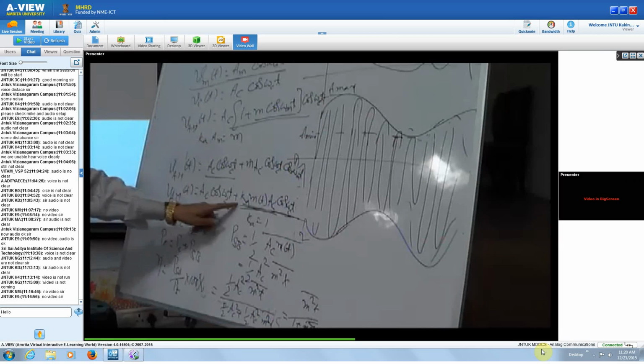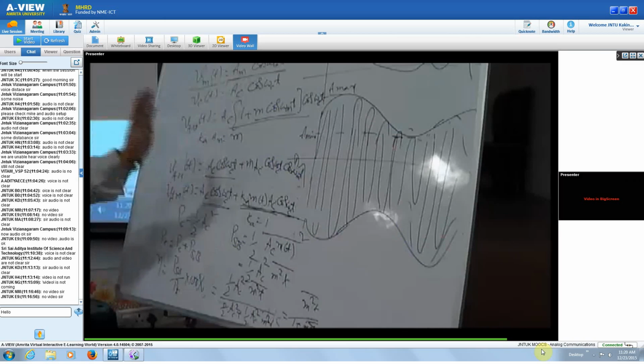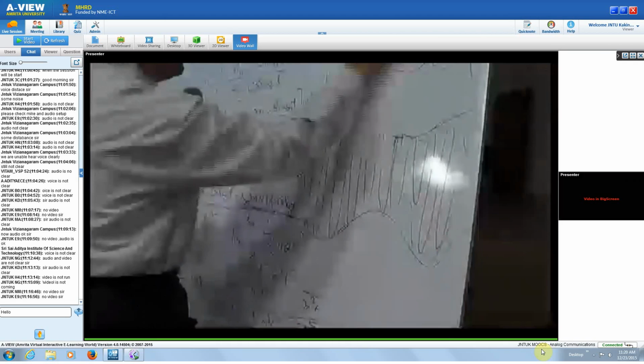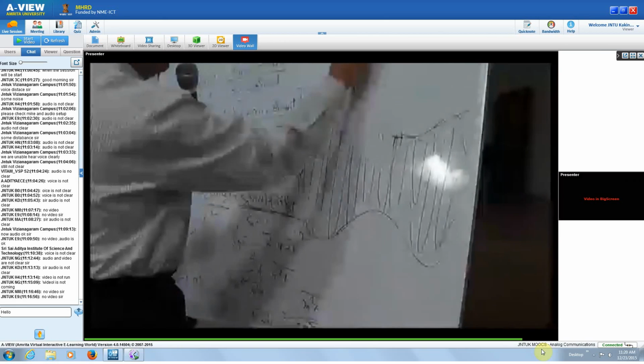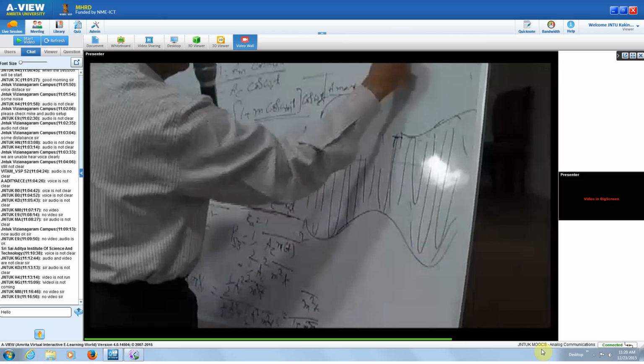The power of A_C cos omega_C t is half A_C square, so this will be m square by 2. Therefore, with this single tone frequency, the efficiency will be equal to m square by 2 divided by 1 plus m square by 2.